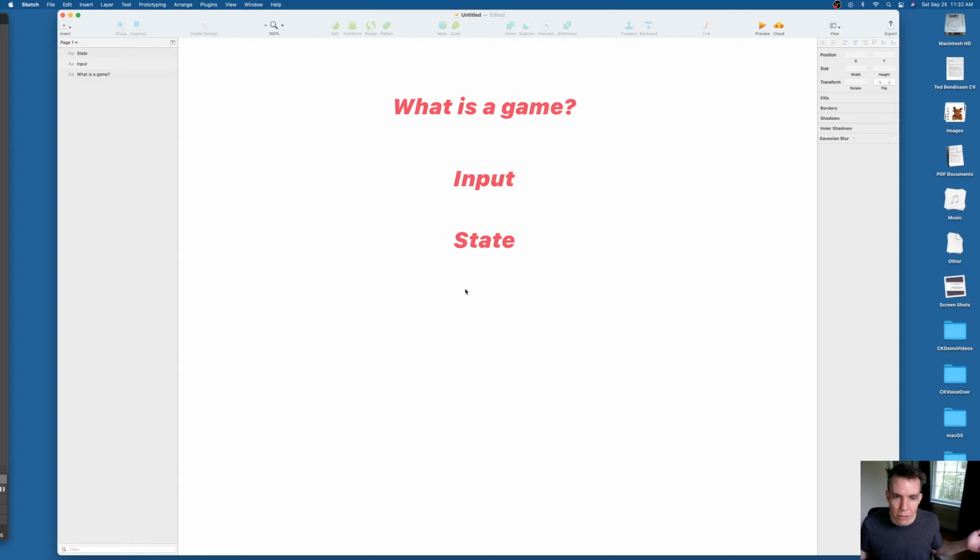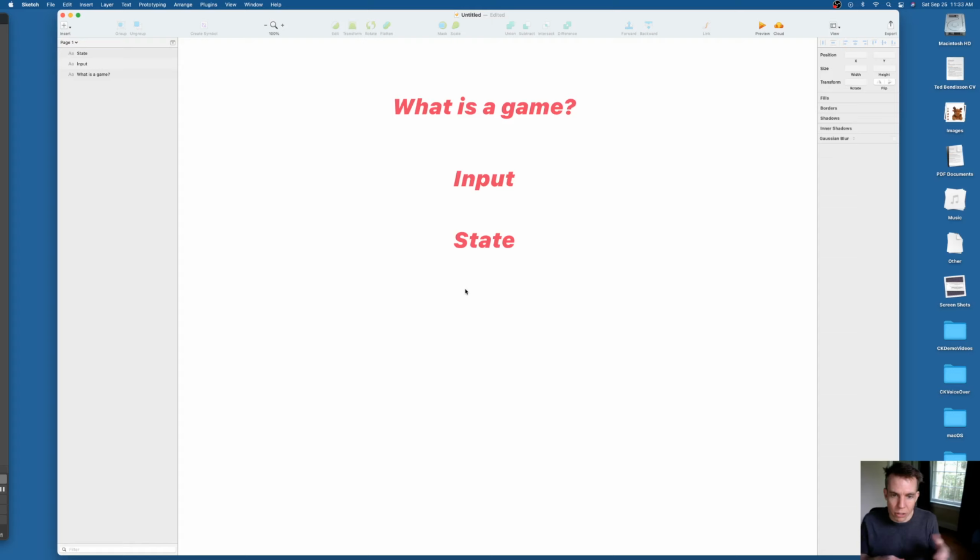But let's go back to talk about checkers, right? If we're just playing that game, the state is the physical objects on the board. You have red pieces and black pieces, and you have places where you can put the pieces.